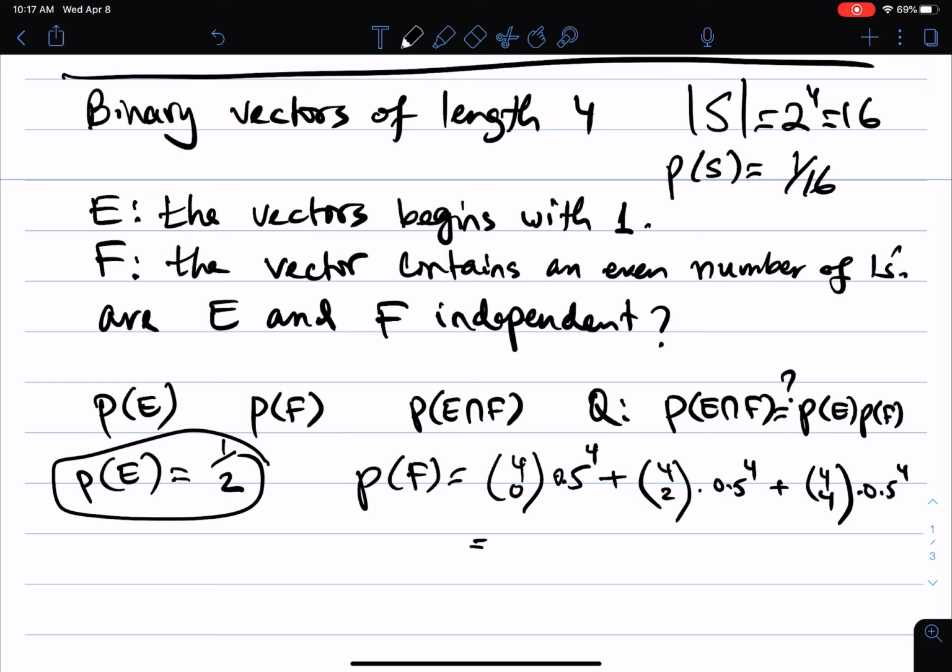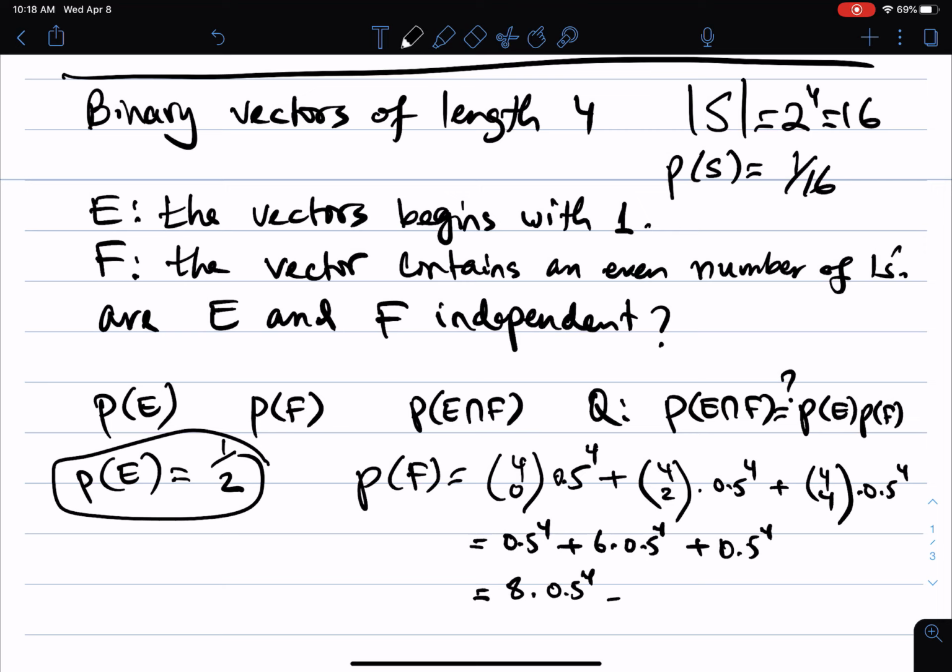4 choose 0 is 1, times 0.5 to the 4. 4 choose 2 is 6, times 0.5 to the 4. 4 choose 4 is 1, times 0.5 to the 4. So we have 1 plus 6 plus 1, which is 8 times 0.5 to the 4.